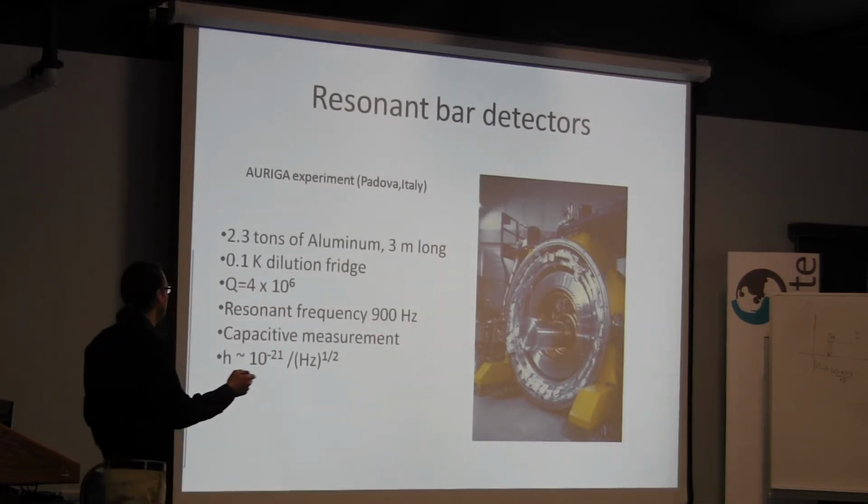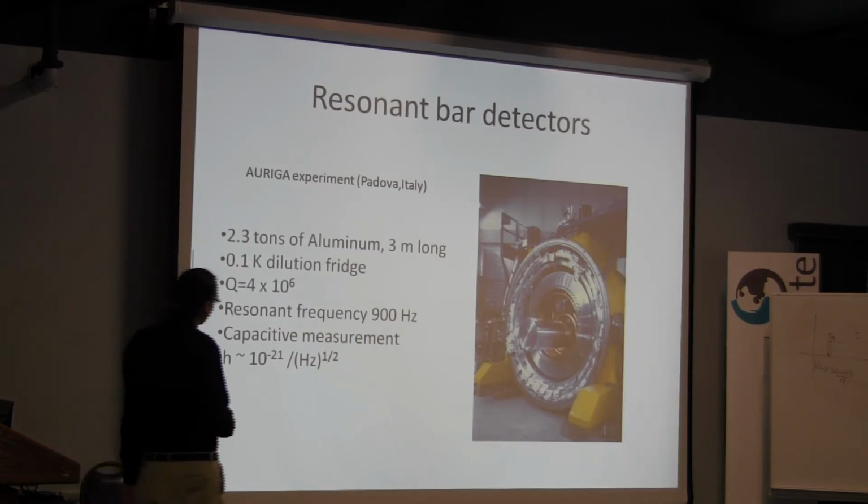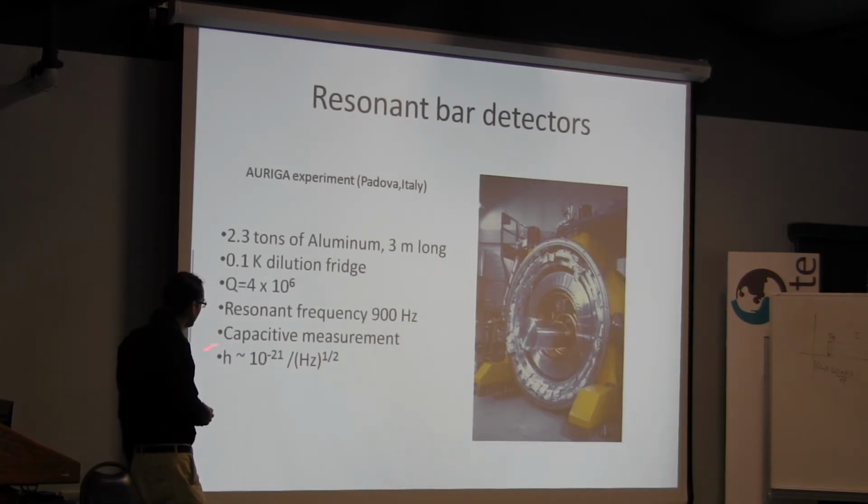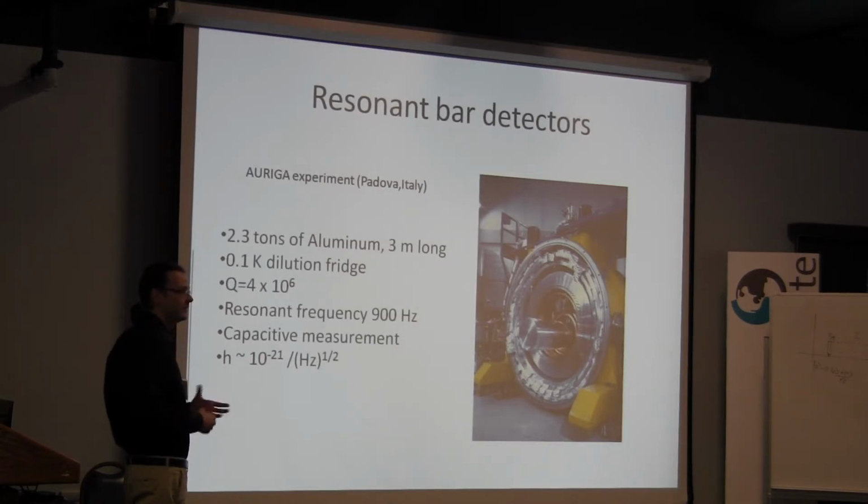They measure the motion of the ends of this bar. The strain that they're sensitive to is right at the level where you expect to see these kinds of signals, 10 to the minus 21 in terms of the strain, delta L over L per root hertz.